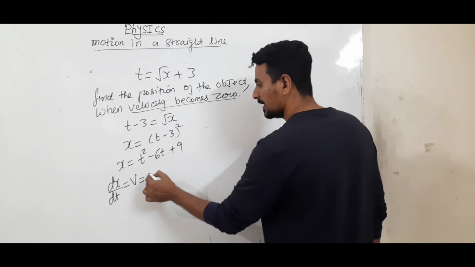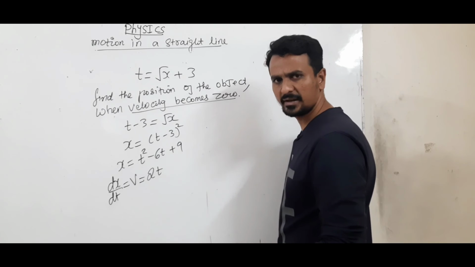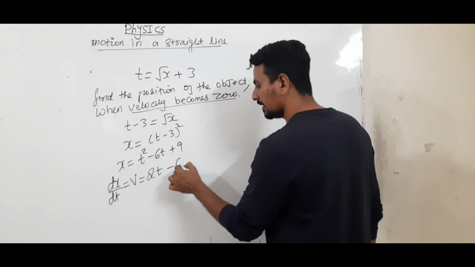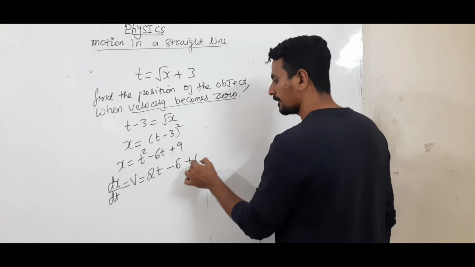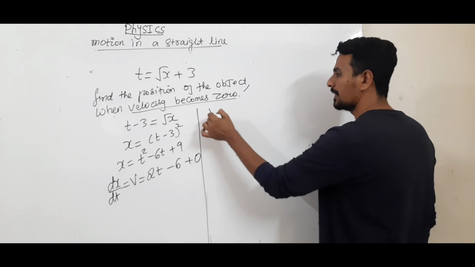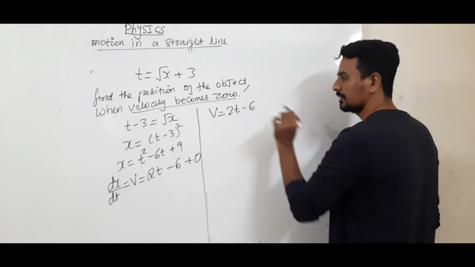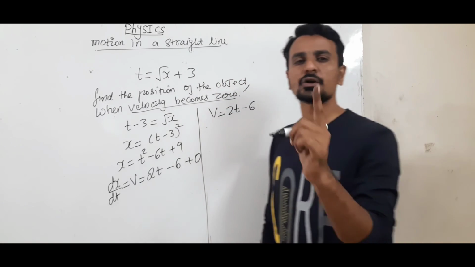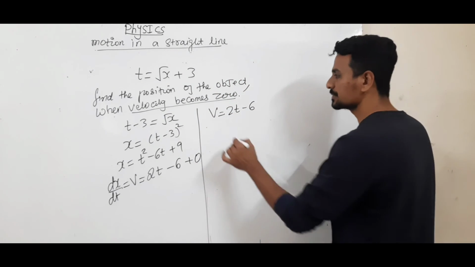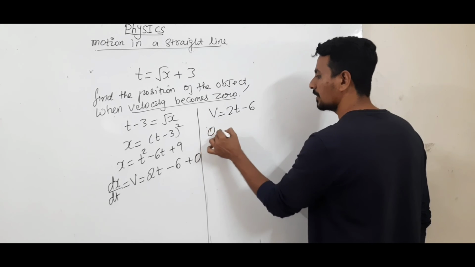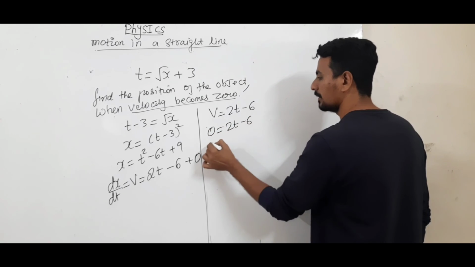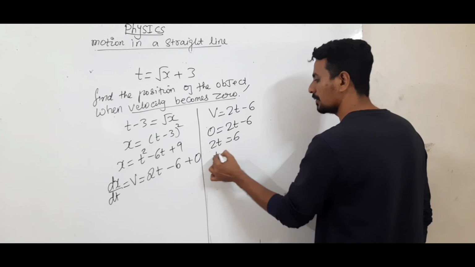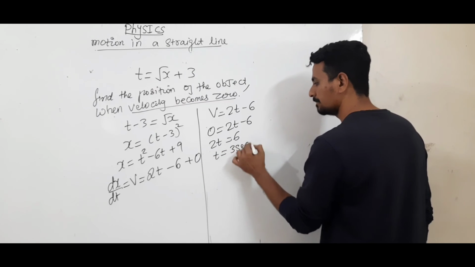Differentiation of t square will be 2t, minus 6, and differentiation of constant will be 0. So your velocity is 2t minus 6. But you want to calculate the value of x when velocity becomes 0. So substitute 0 in the velocity, 2t minus 6, 2t equals to 6, t equals to 3 seconds.